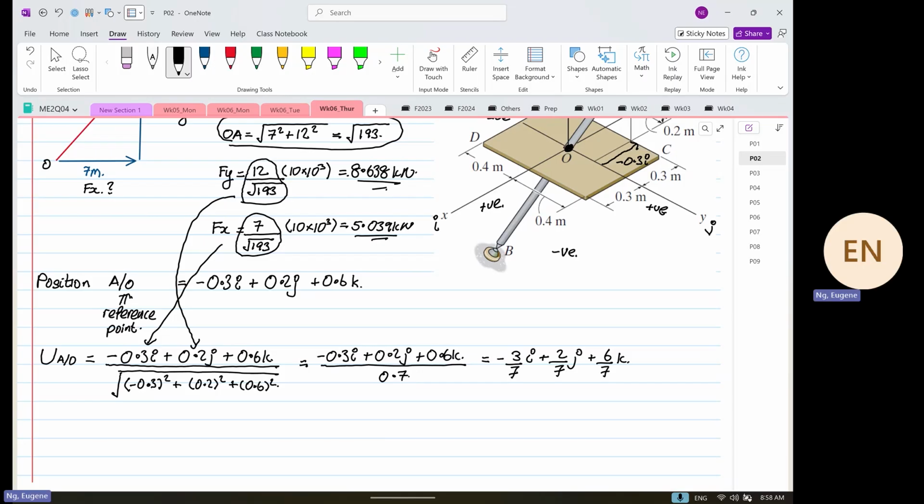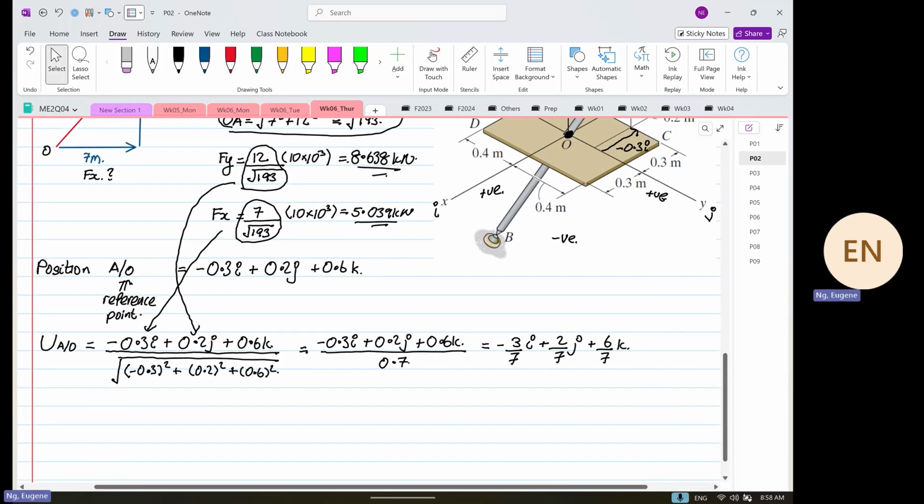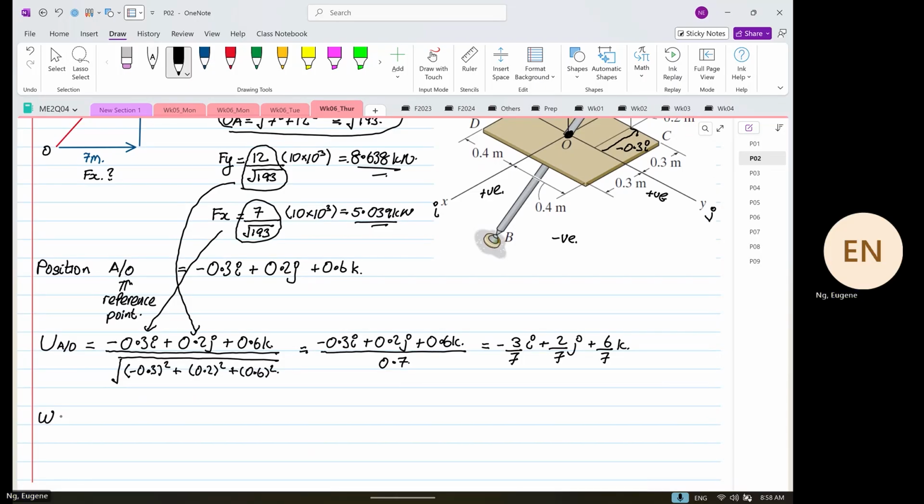So from here, once we have this, we are going to determine omega, right? In terms of I, J, and K components. We know that omega is positive 14, right?